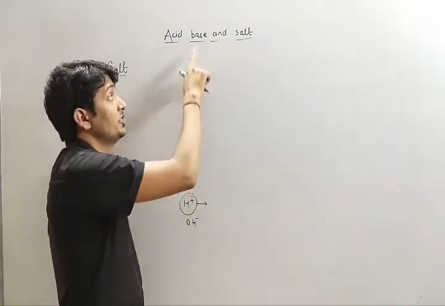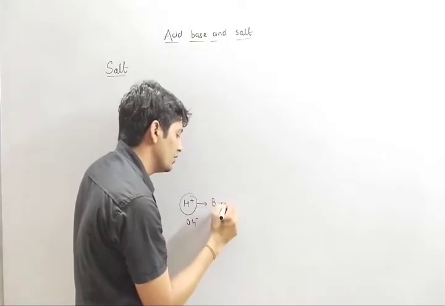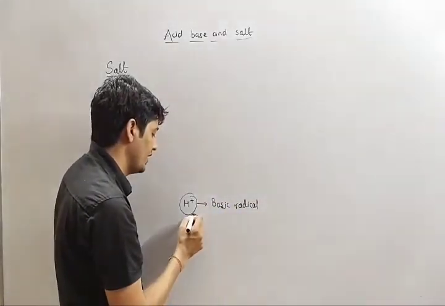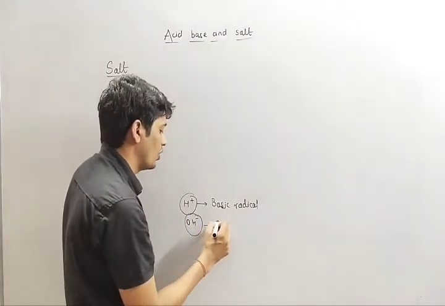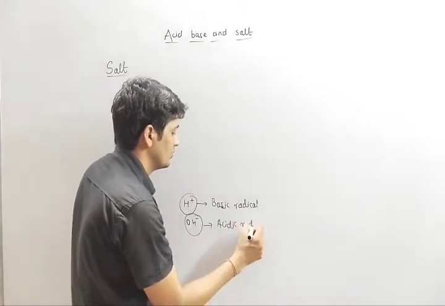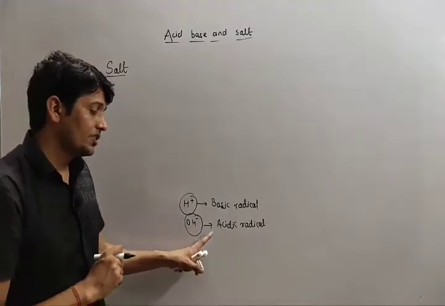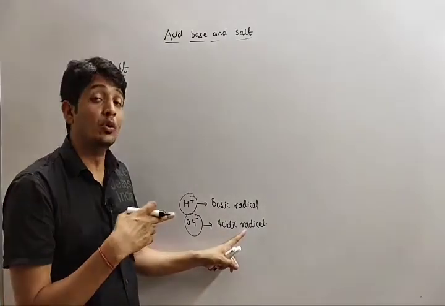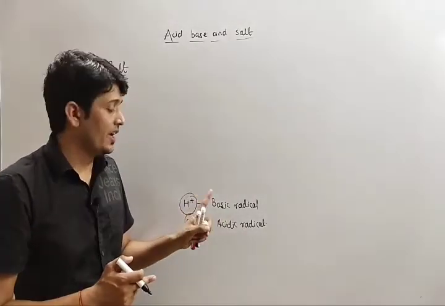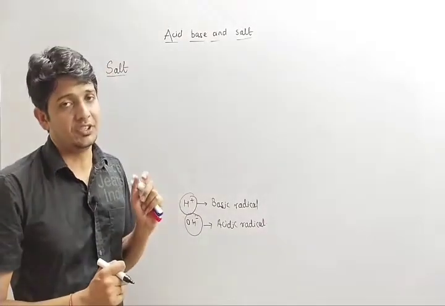That's why it is called a basic radical. And OH negative ion is called an acidic radical, because this acidic radical is going to neutralize the acid, and this basic radical is going to neutralize the bases.